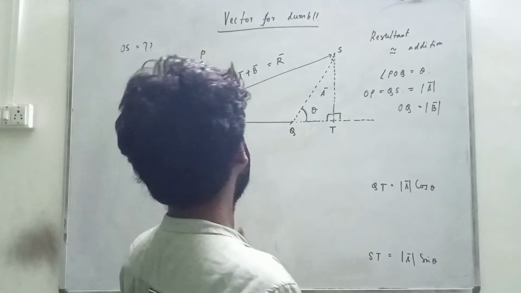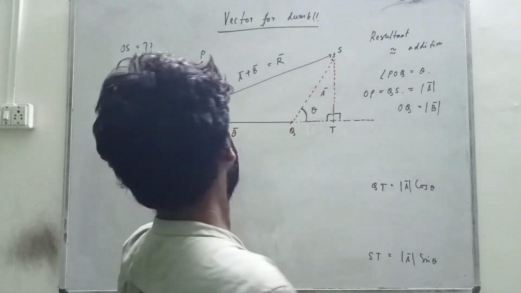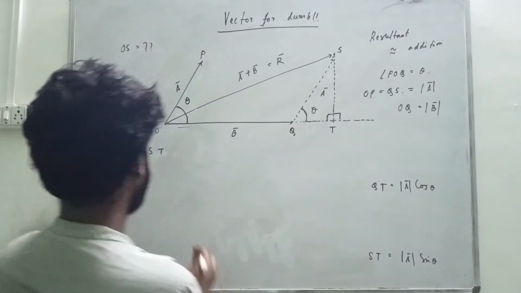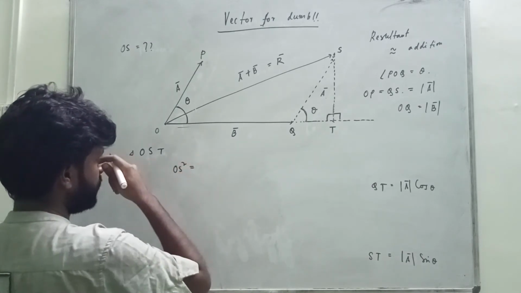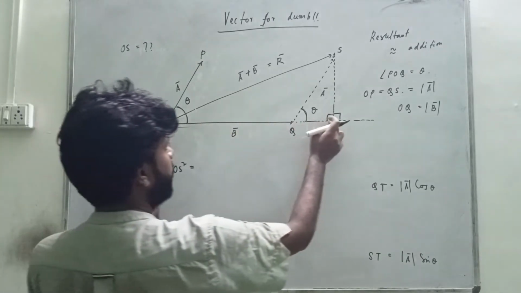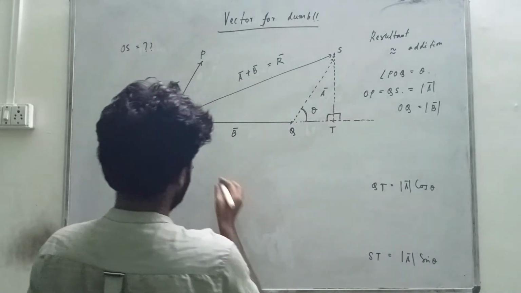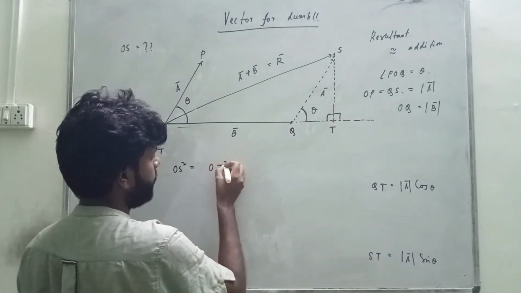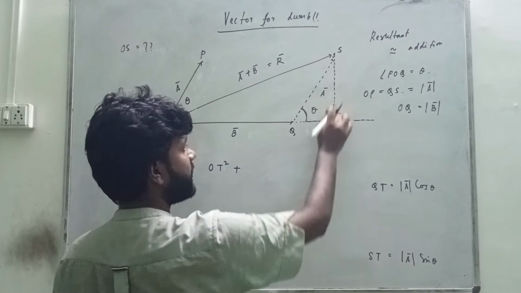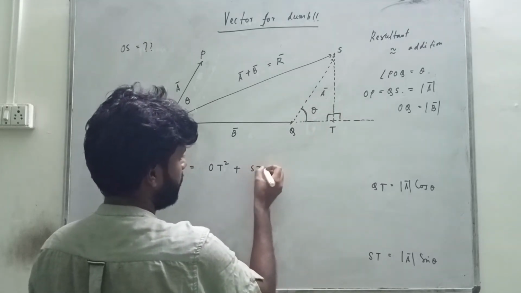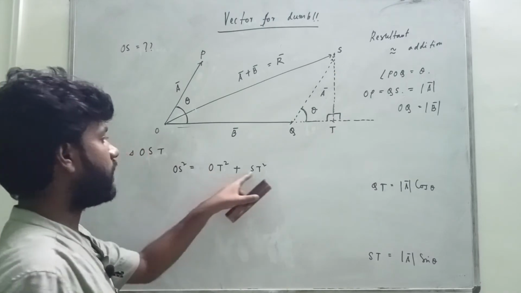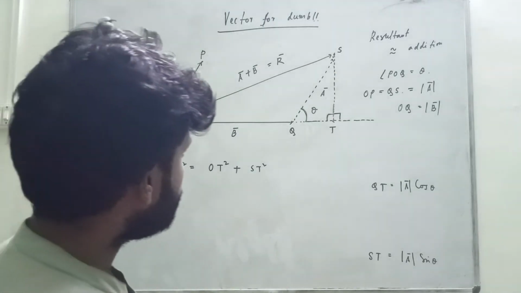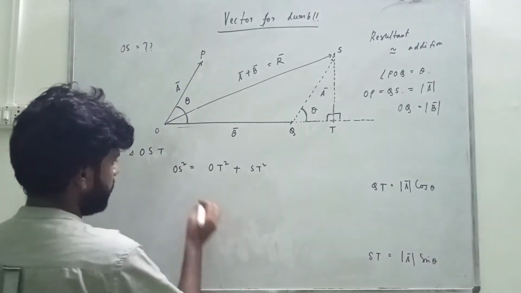So the hypotenuse squared, I mean OS squared, should be equal to the base squared, that means OT whole squared, plus ST whole squared. Hypotenuse squared means base squared plus perpendicular squared.